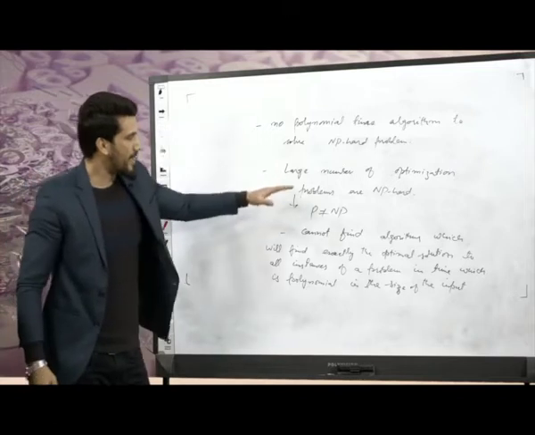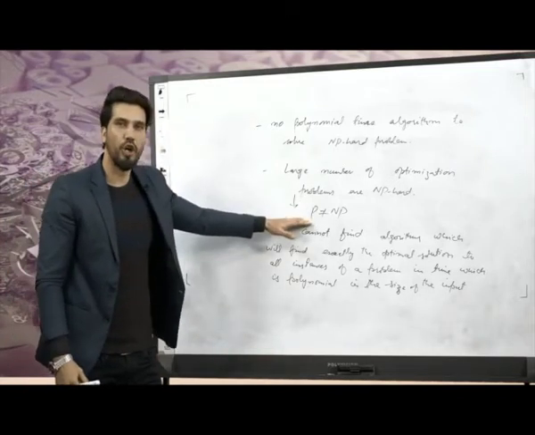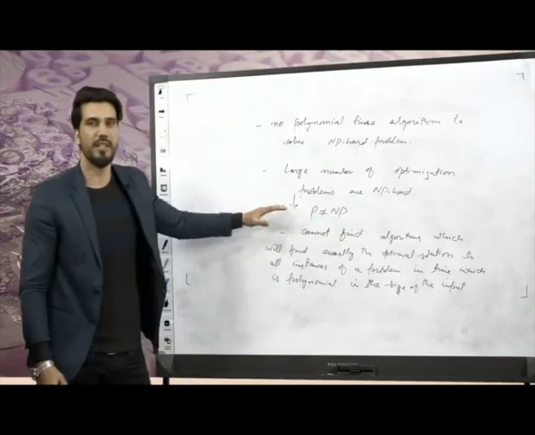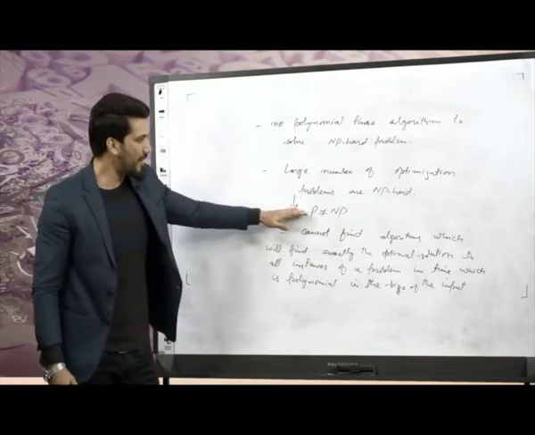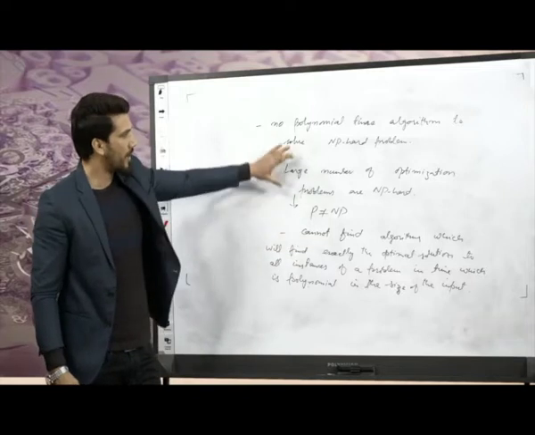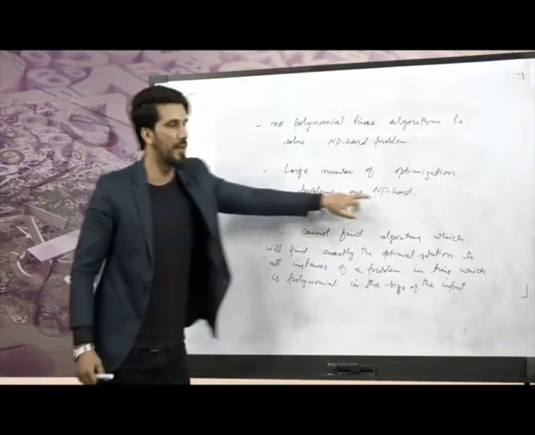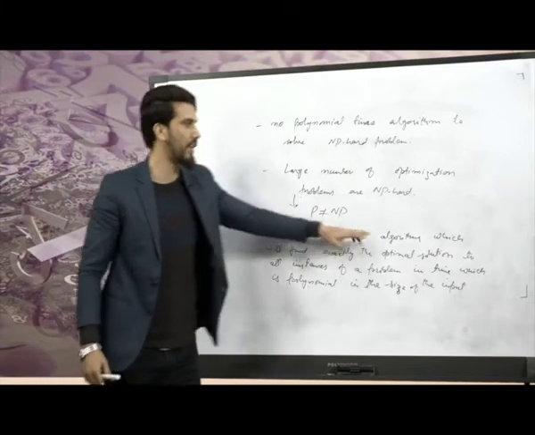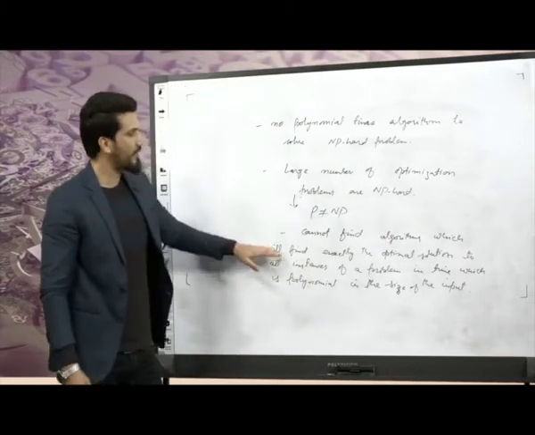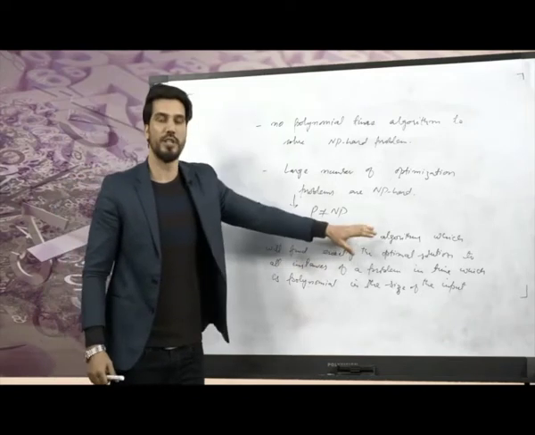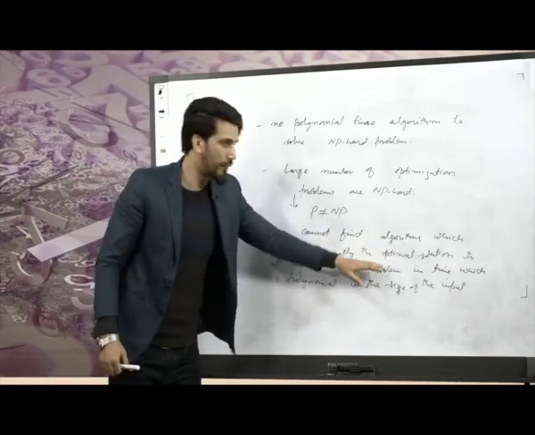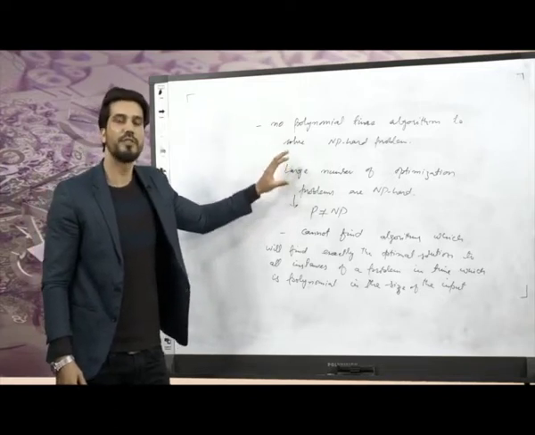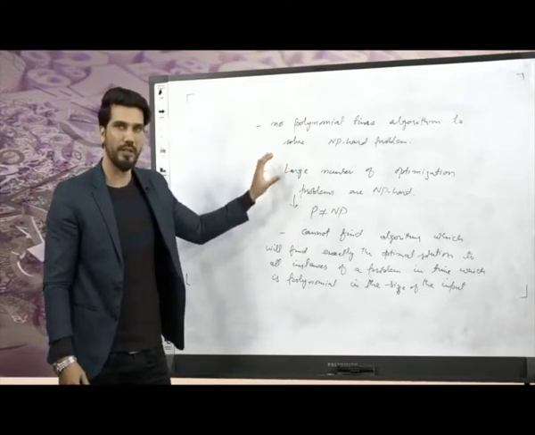So, since we are with the thought that P is not equal to NP, which we have seen in previous lectures, that means that since a large number of optimization problems are NP-hard, it suggests that we cannot find algorithms which will find exactly the optimal solution, because by solving optimization problems, we are actually trying to find the optimal solution.